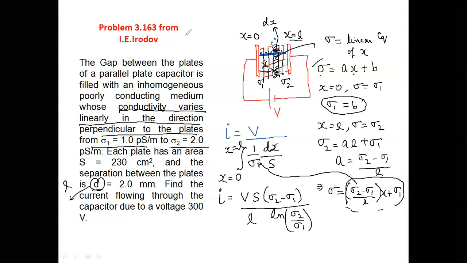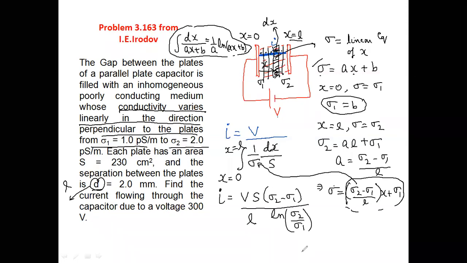I can give you a hint for integration: integration of any function in the form dx over (ax plus b) is always in this form: 1 over a times ln(ax plus b). So this is the hint for the integration part. You can use this equation, and this way you will find the value of current, right?